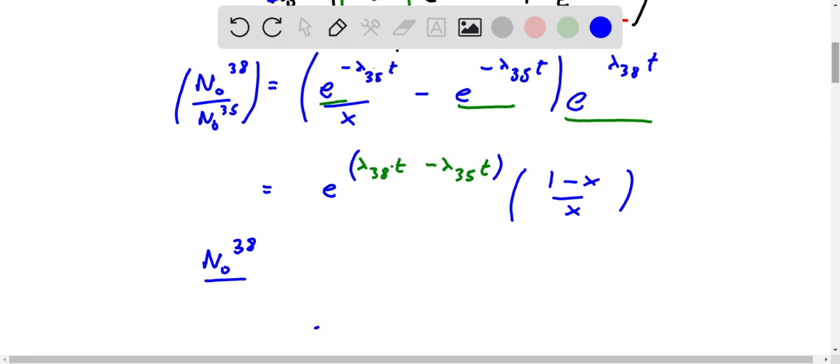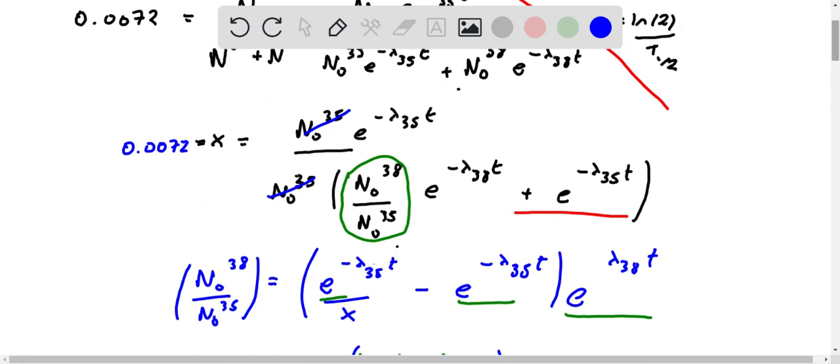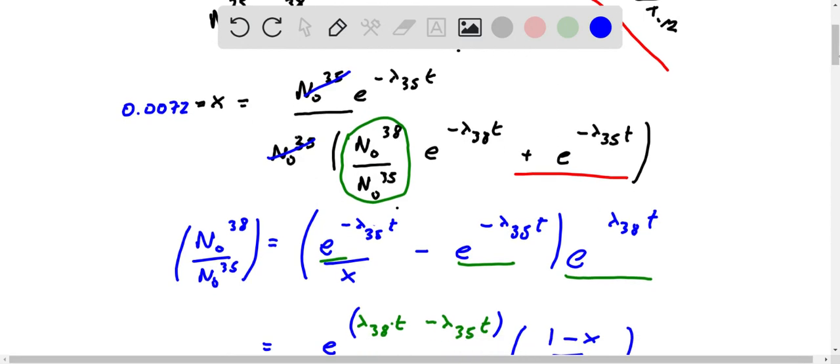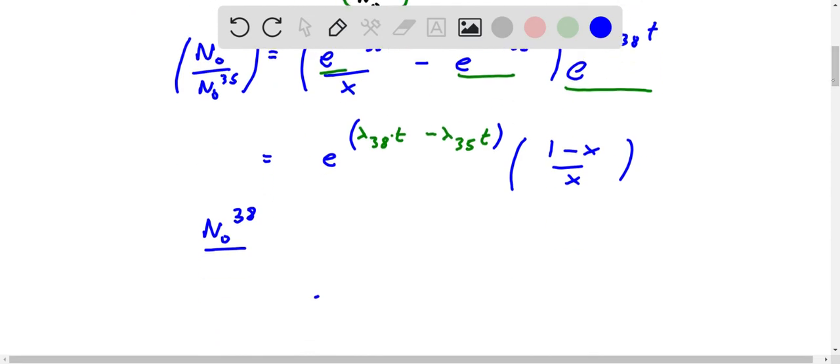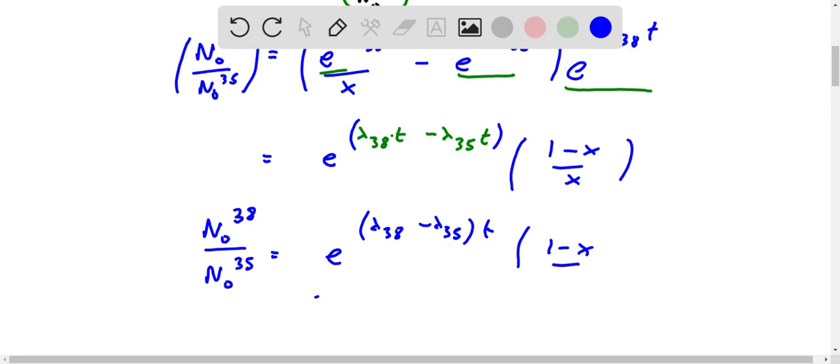Oh no, sorry. No, sorry, that's correct. So the initial number of uranium-238 over uranium-235 is e to the power of lambda 238 minus lambda 235 times t, times 1 minus x over x. So we know x, we just need the two lambdas and t.